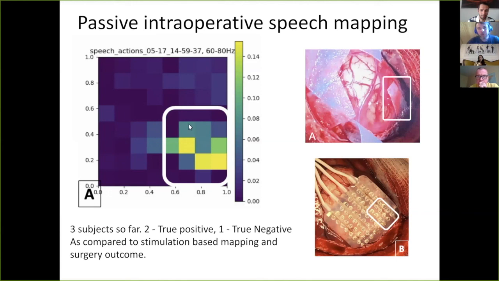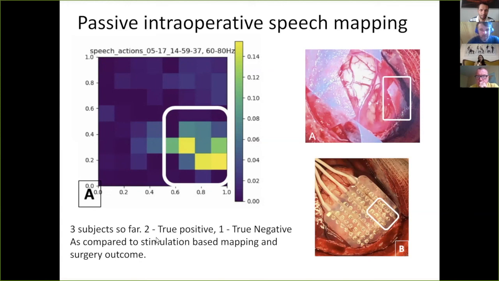Okay, so here we can do it absolutely passively. We just simply ask the person to name the objects, and then we analyze the activity and see where this activity changes, and then we can pinpoint the cortical region where the speech is represented, and this is a taboo to touch by a neurosurgeon.